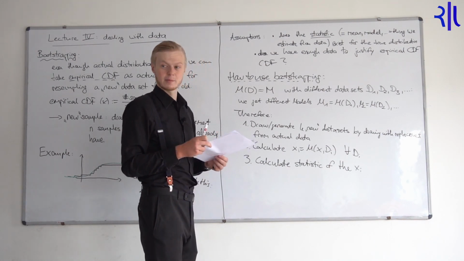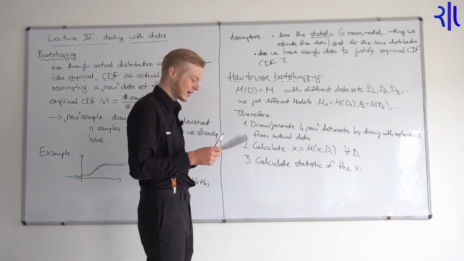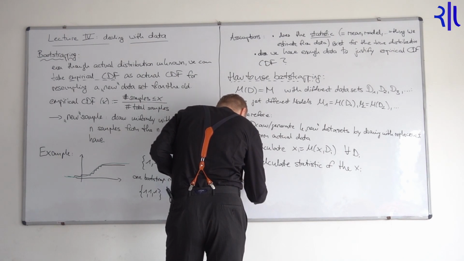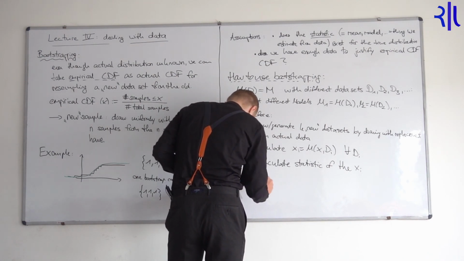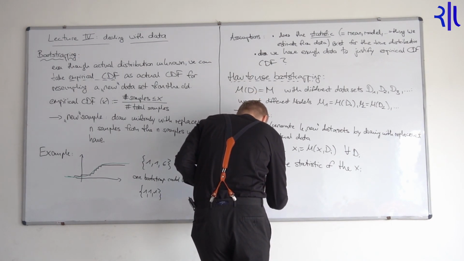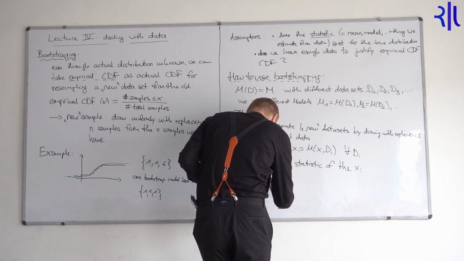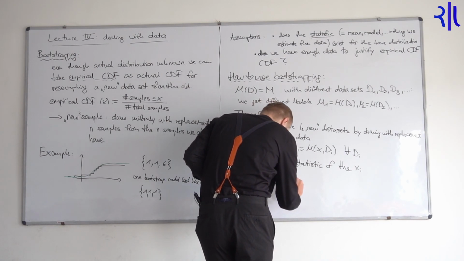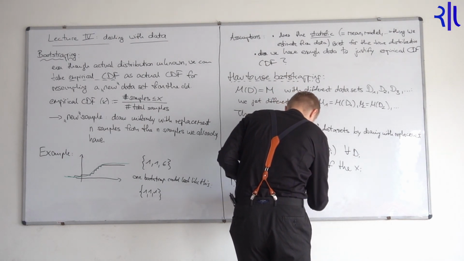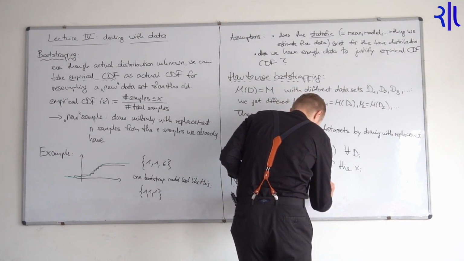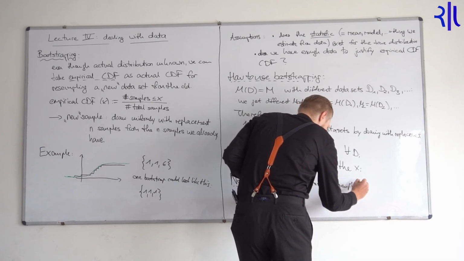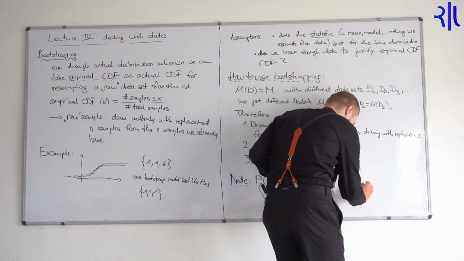One interesting thing to note is that the probability that a specific sample is part of the bootstrap is actually 63% when you have a lot of data. Now, why is that? Let's write that down.